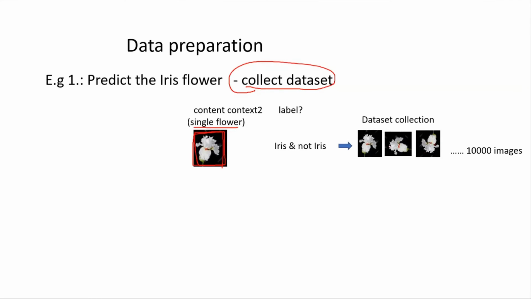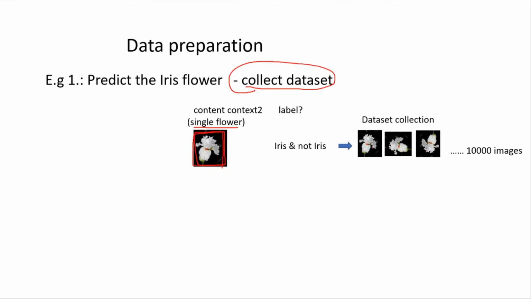But it can be many angles of your camera. It can be many colors and many structures, all those things, because you can take a picture of a single flower from many angles. Top, bottom, left, 90 degrees, 60 degrees.